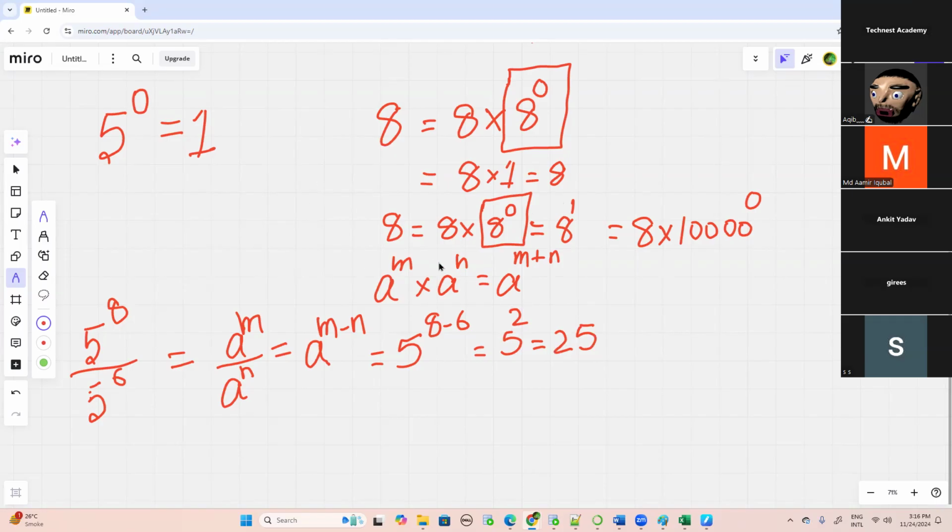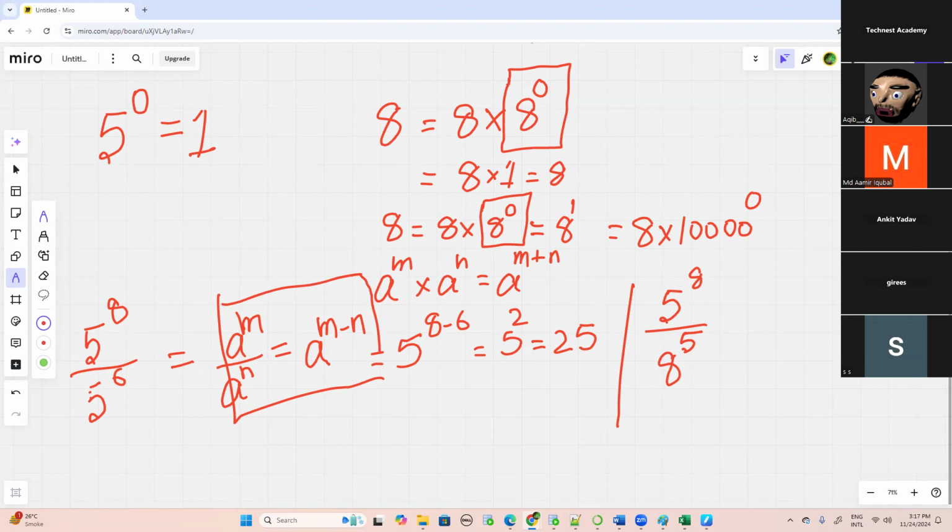Now suppose I have 5 to the power 8 divided by 8 to the power 5. Can you perform this operation here with this formula? No. Why?